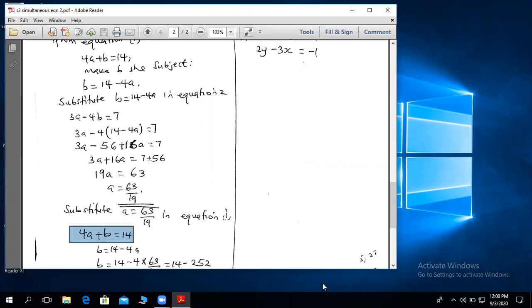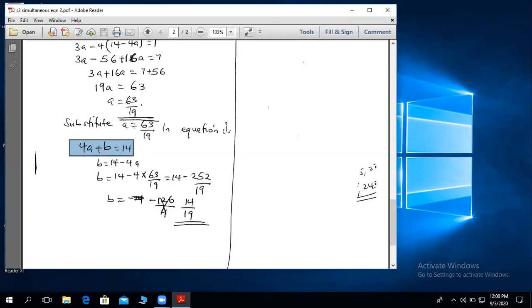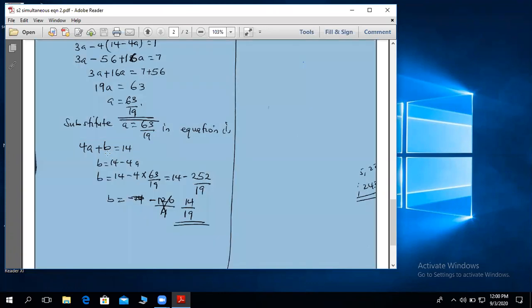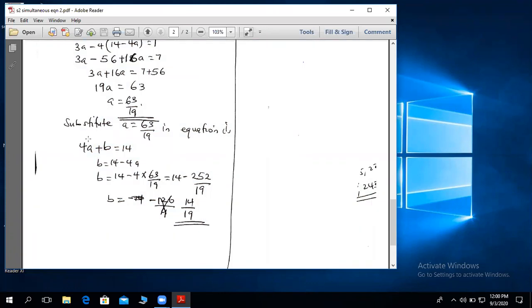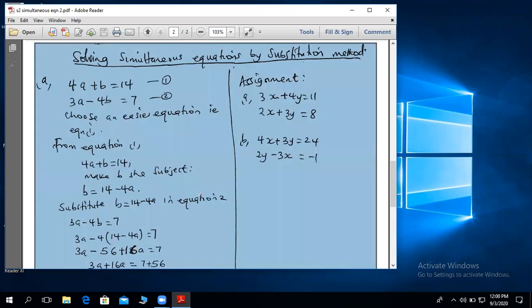So when I put the value of a, which is 63 out of 19, to get b, this equation is still exactly the same as the one where I had made b the subject. So when you want to find the value of b, just put in that one where you had made b the subject. Don't suffer a lot.